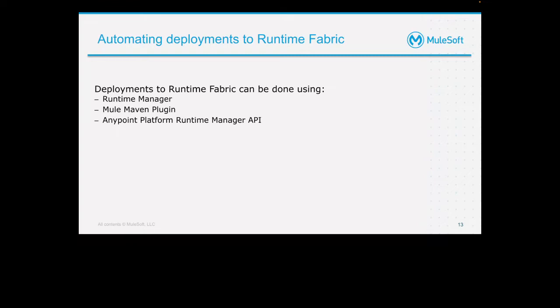The second one, to automate, is to use the Mule Maven plugin with a build and deploy tool. In our case, we are going to use Jenkins to do that. You could use Azure DevOps or any other tool to build and deploy the application.